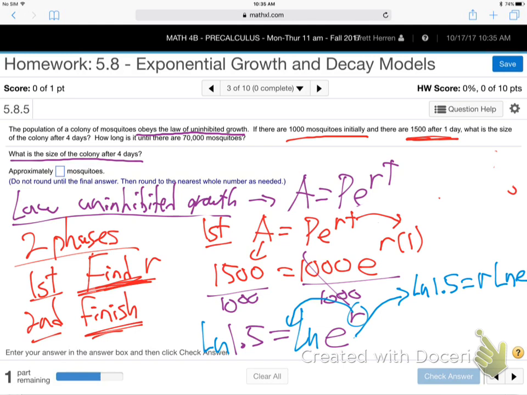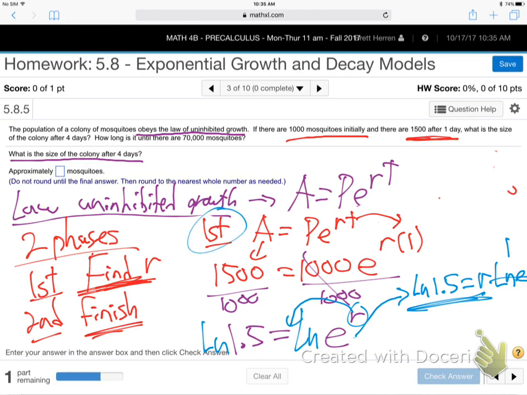And ln e, as you know, is just 1. So that is R right there. R is just ln of 1.5. I would suggest you can do whatever you want, but I think it's easier to just leave it that way rather than to get some big old long decimal and keep carting that decimal along with you. So I'm just going to leave it ln of 1.5. That's R. So that's the end of part 1.